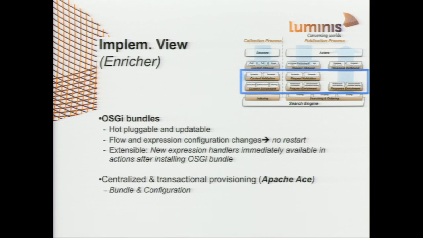And from a deployment point of view, which comes back later on as well, using OSGi and a tool called Apache Ace, we could provision the bundles, the enrichers, and we could also provision the configuration of the flow, the configuration of the schema of Lucene, and the configuration of the collection process, the Mule ESB flows.